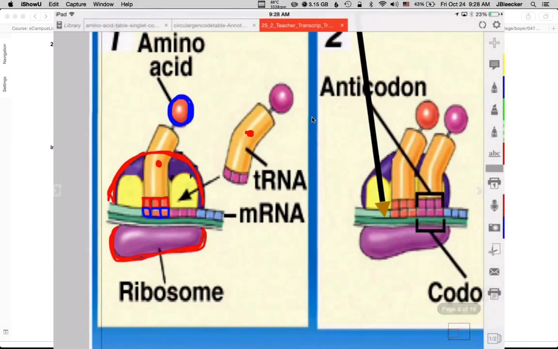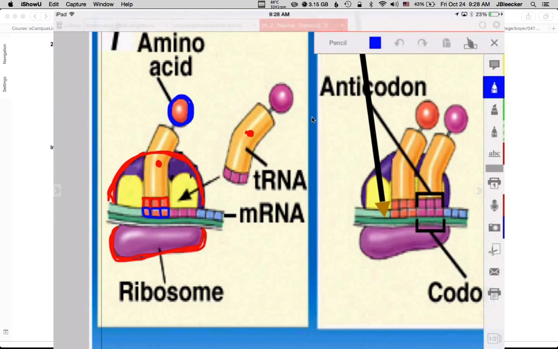So your mRNA forms the code upon which the amino acid is going to be placed. So let's call the mRNA the sequence of codons. And the transfer RNA, which matches it, will be the matching sequence.